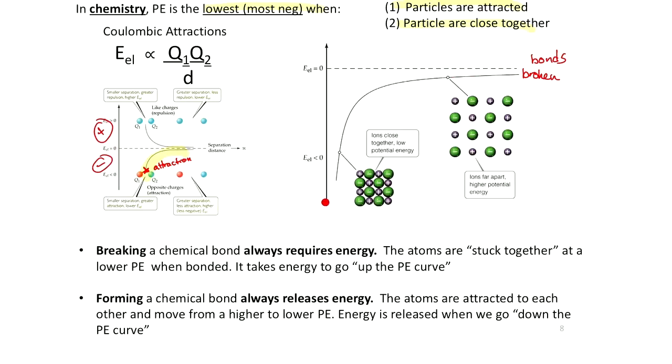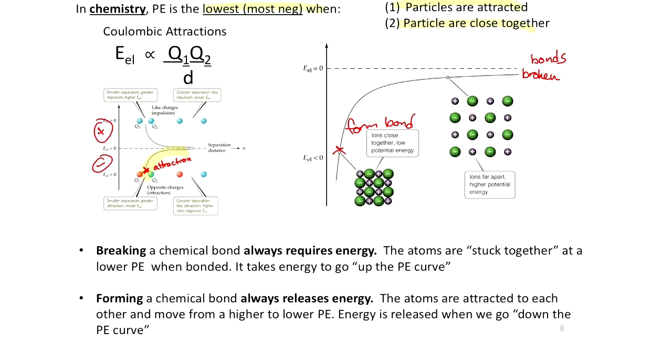But when you form a bond, all right, over here, to form a bond, you bring atoms close together. And if those atoms are close together and they're attracted to one another, then we get this stable negative potential energy that keeps those bonds formed, all right? Okay, so we're just looking at this attractions hill, all right? Forming a bond is a negative potential energy. When we break those bonds, separate them, it approaches zero.